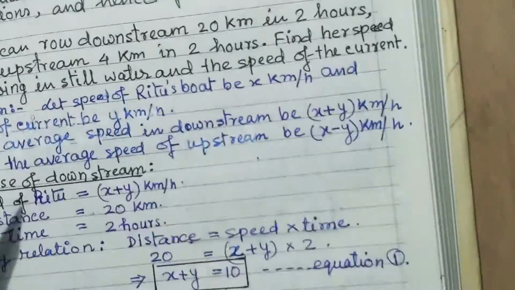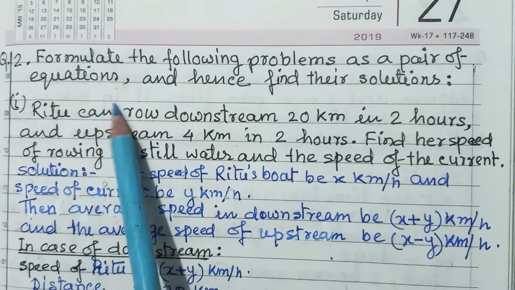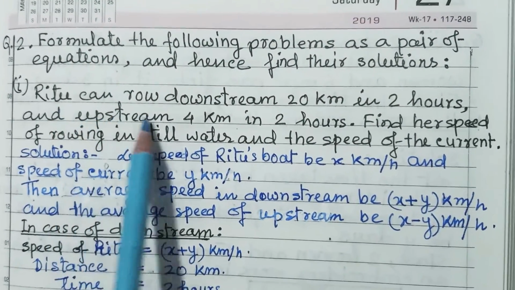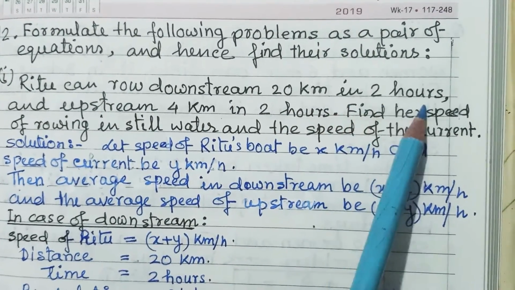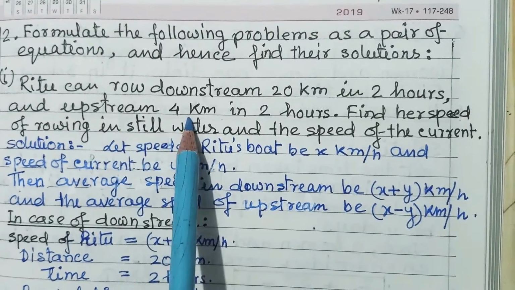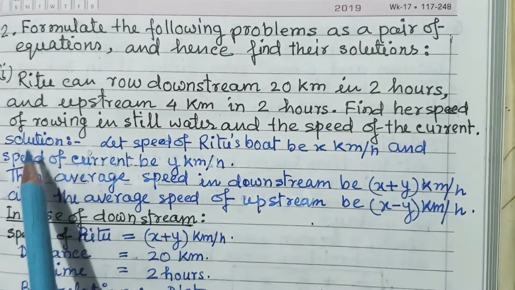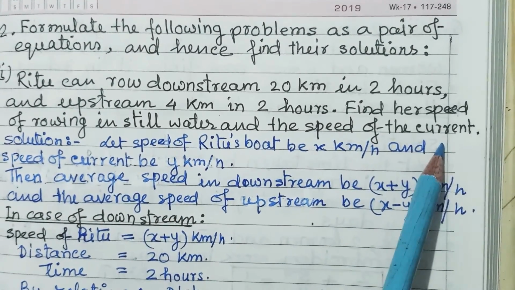Now next is: formulate the following problems as a pair of linear equations and hence find their solution. First question: Ritu can row downstream 20 km in 2 hours and upstream 4 km in 2 hours. Find her speed of rowing in still water and the speed of the current.